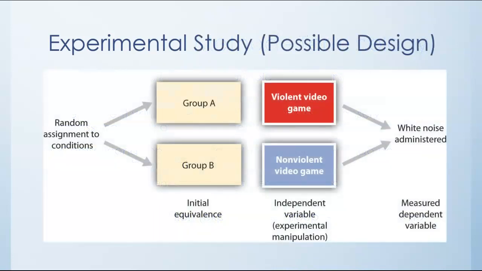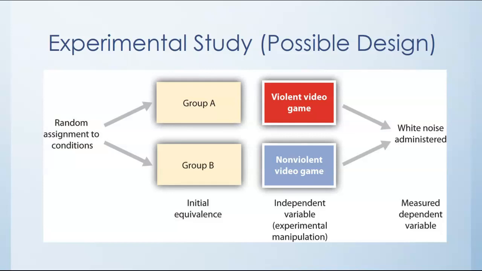Now, let's look at a possible design. So let's say we're looking at the influence of violent video games and non-violent video games on children. The first thing we would do is, let's say we had 50 children, and we would randomly separate them into group A and group B, trying as hard as we can to make those groups equivalent to each other. That prevents a lot of issues.